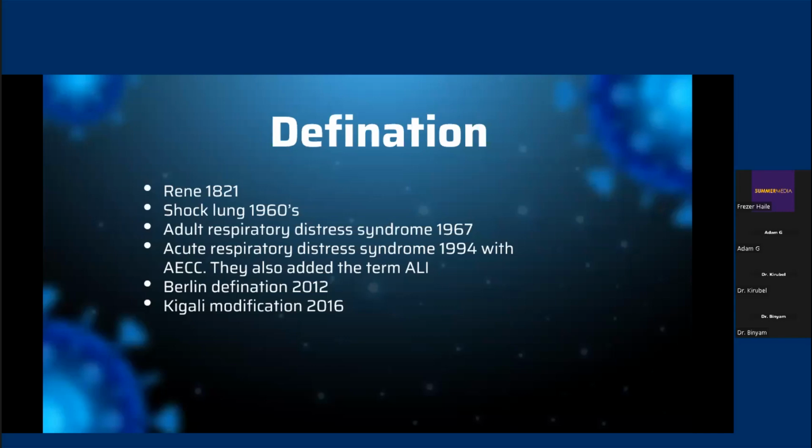So in 1994, the American European Consensus Council came up with the term acute respiratory distress syndrome and started to define it in both adults and pediatrics. They also added another term, acute lung injury, which was later perceived to be a milder form of the spectrum of ARDS, so in subsequent definitions it was cancelled out.